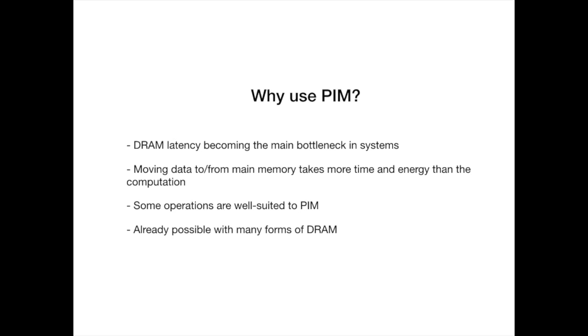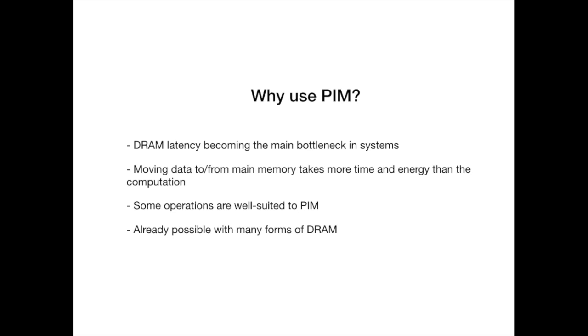The good news is some operations are actually well suited to in-memory processing. Some operations don't really take advantage of cache anyway, and we'll go into some more detail on that later in the presentation. The other good news is that it's already possible with many forms of DRAM to perform in-memory operations.